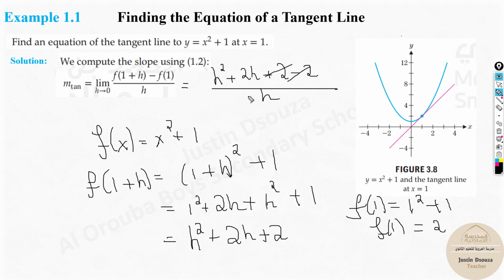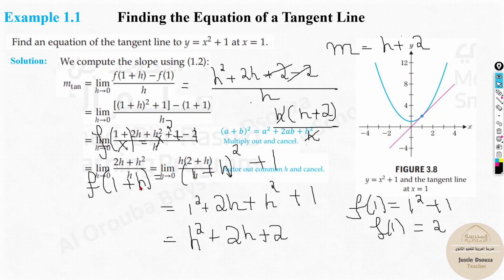Now plus 2 minus 2 cancels, and here h square plus 2h, you can take h common out, right? What is remaining? h plus 2, divided by h, which is h itself. Now we can cancel this, and what is remaining? The slope of the tangent m is h plus 2. This is the answer.